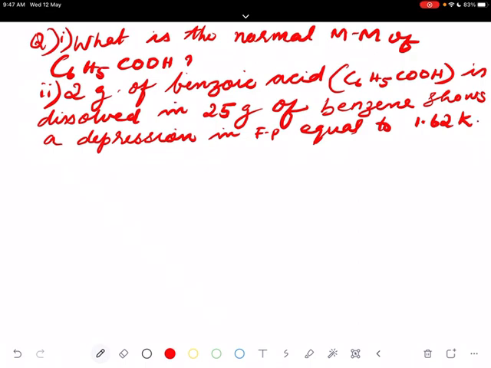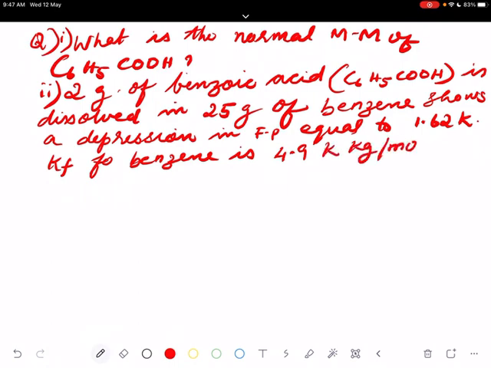Kf for benzene is 4.9 K kg per mole. What is the percentage of association?